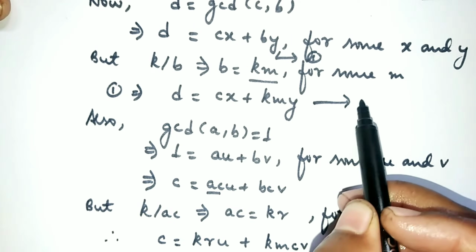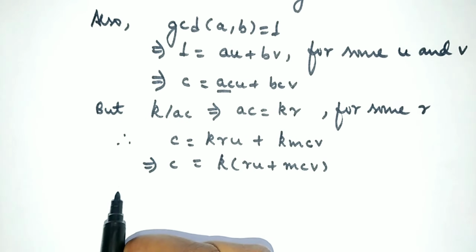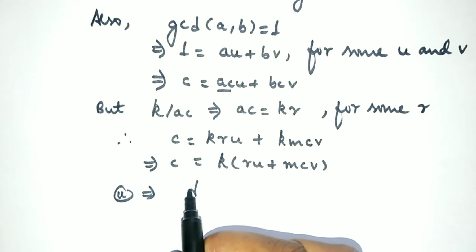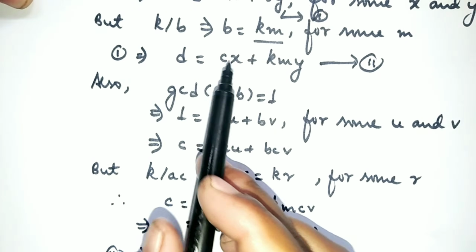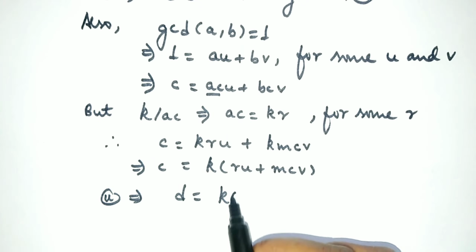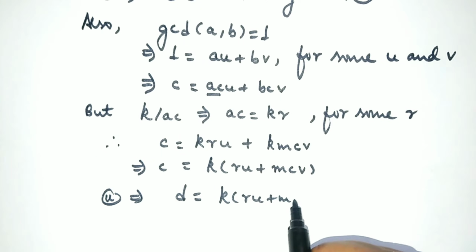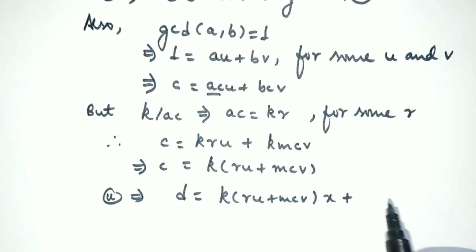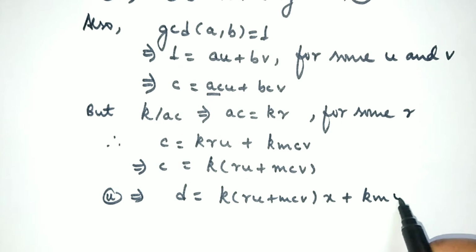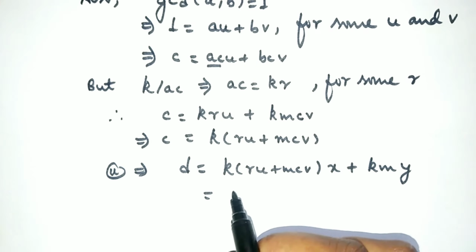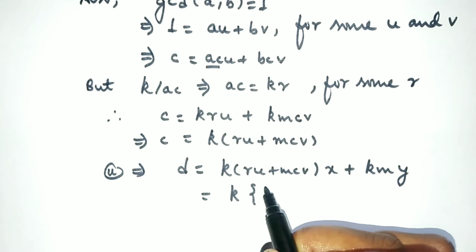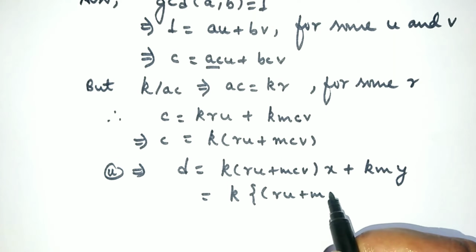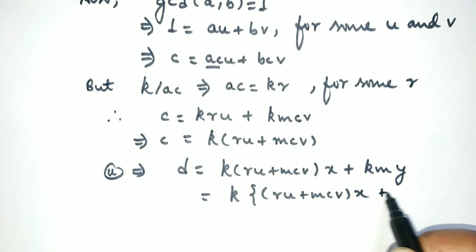Then this one, okay, equation 2 would imply, in place of C, what do I have? This one, K times (RU plus MCV) X plus KMY. Now I have K times (RU plus MCV) X plus MY.